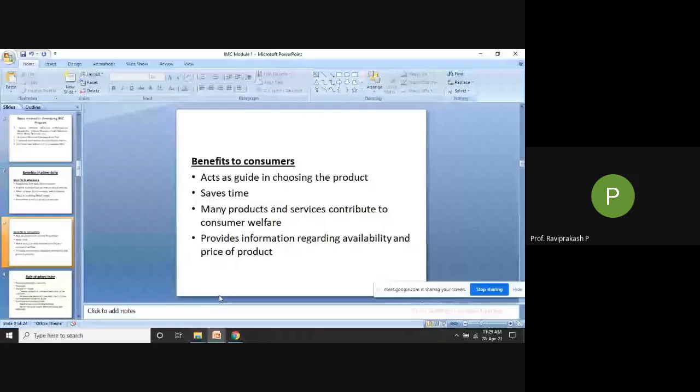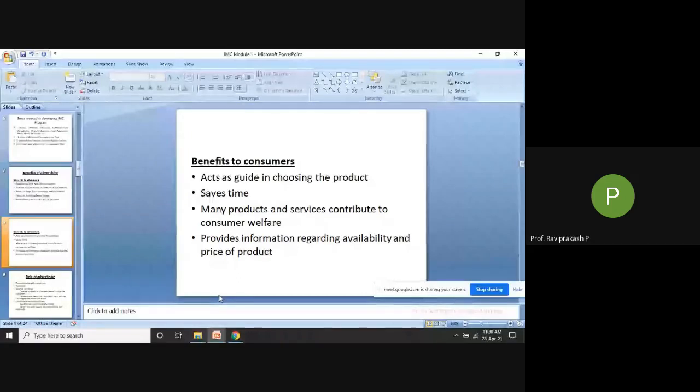It is very embarrassing to go to a shop, ask for a particular product, see the price and say don't want. So it is very easy for the consumer to judge whether the product is well within his budget, and what quantity he will be getting at that particular price. So it helps customers in this way as well.